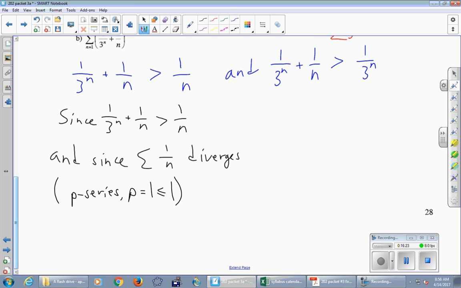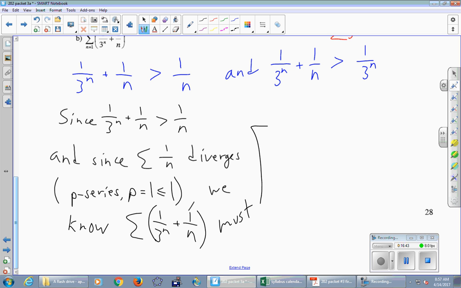Okay, so since our terms are greater than the terms in a divergent series, then, let's see, so since this and this, then we know that the original series, 1 over 3 to the n plus 1 over n, what must it do? It must also diverge by the comparison test.